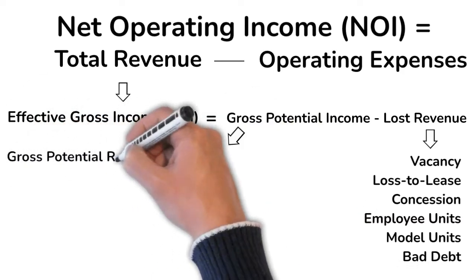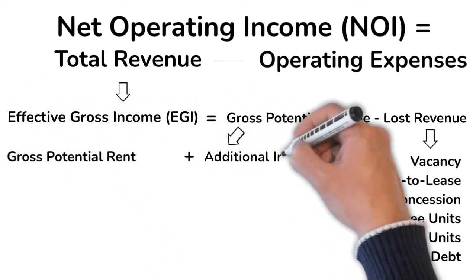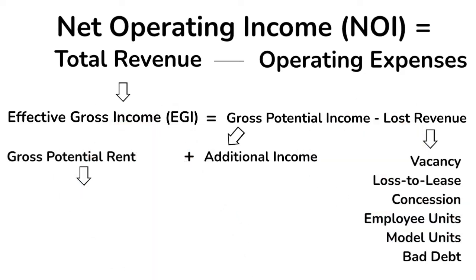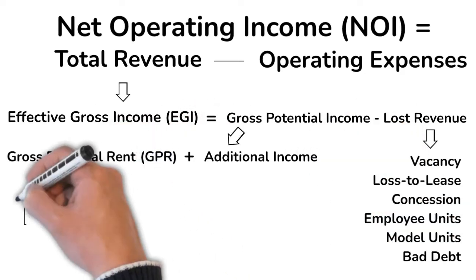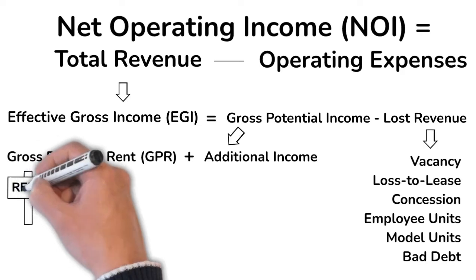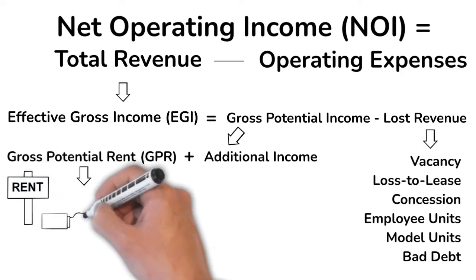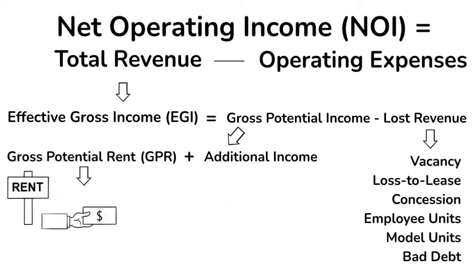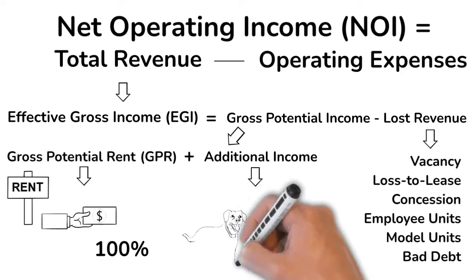The gross potential income is the sum of the gross potential rent plus all additional income. The gross potential rent, or GPR, is the theoretical and total amount of revenue expected if the apartment was 100% leased at all times with every tenant paying the full monthly market rental rate.